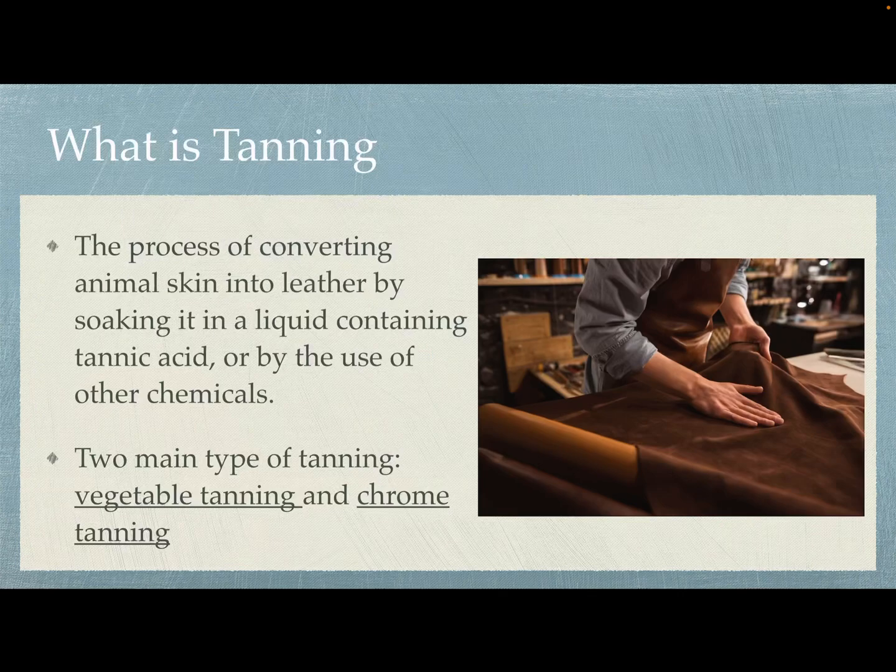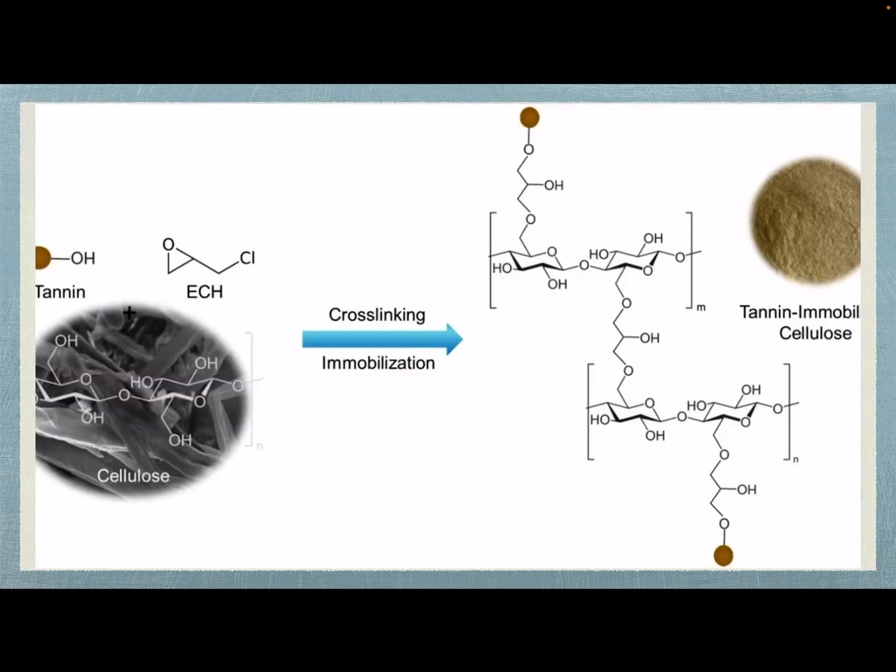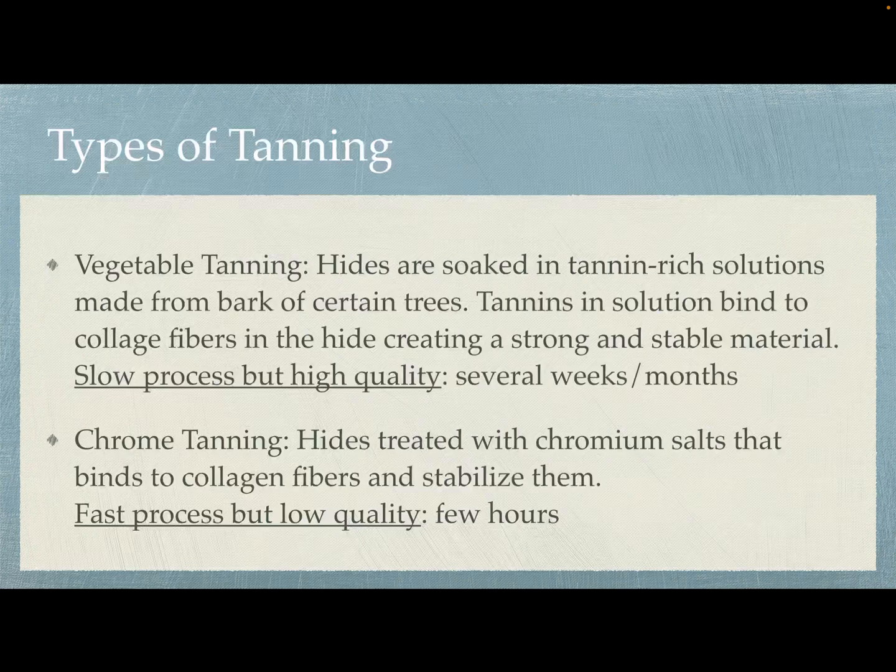There are two main types of tanning: vegetable tanning and chrome tanning. In vegetable tanning, the hides are soaked in tannin-rich solutions made from the bark of certain trees, such as oak, chestnut, or quebracho.